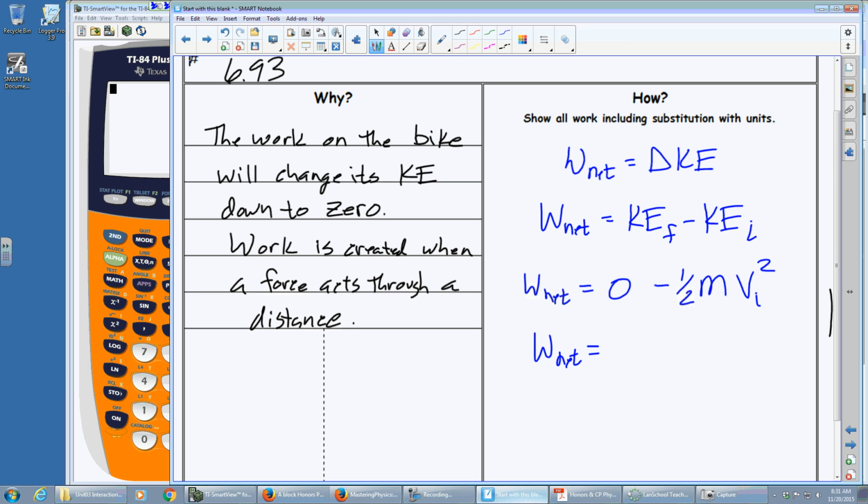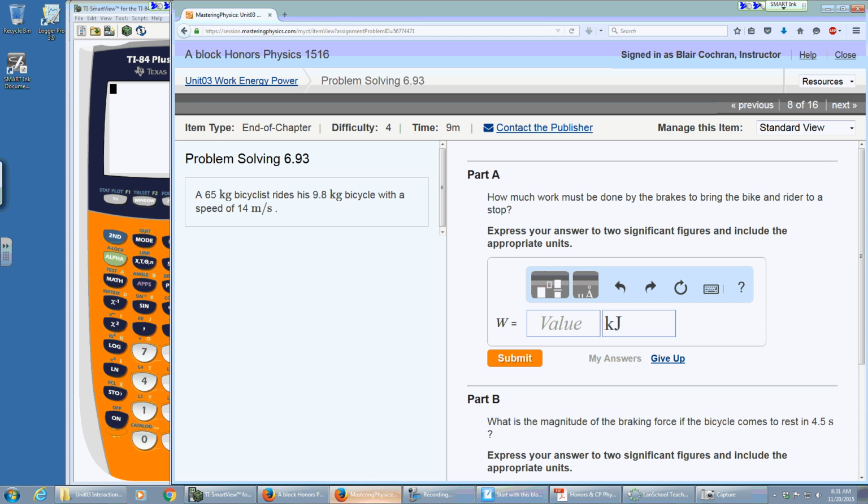And let's see, what are my values here? 65 kilograms, who rides his 9.8 kilogram bicycle? Oh, so they both have kinetic energy, right? So I've got to combine their inertias to get my total for my person on the bike. Oh, I didn't see that at first.